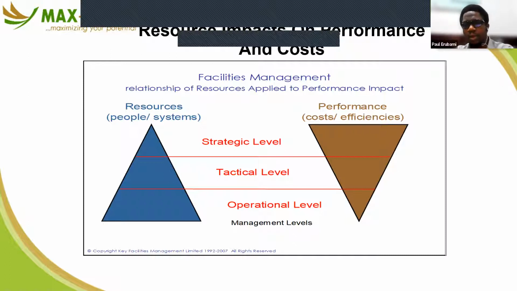I execute all the contracts and make sure they're in place. I make sure people are hired and put in their rightful positions. I make sure there are ordering procedures for replacing goods on an ongoing basis, as an inventory to make the work smoother. So all of those activities are happening at the tactical level.